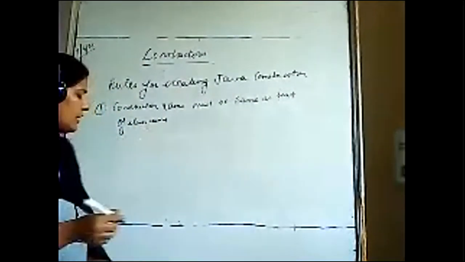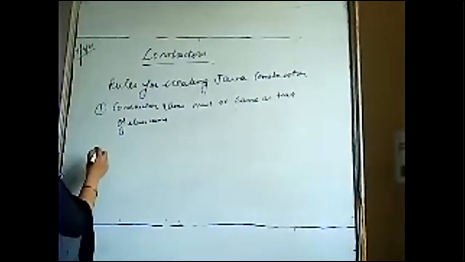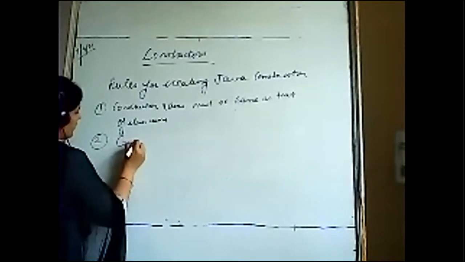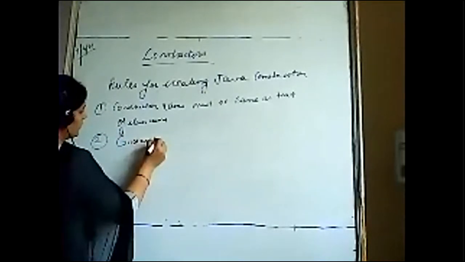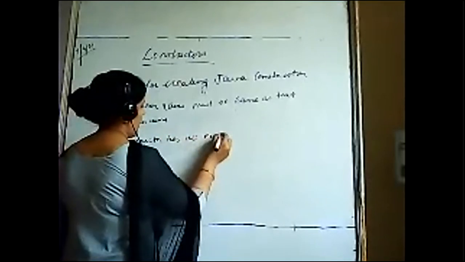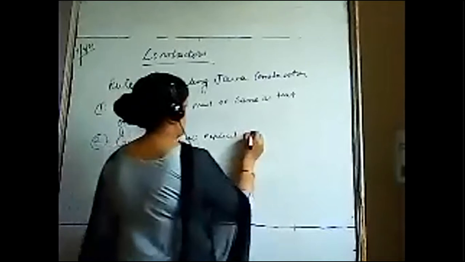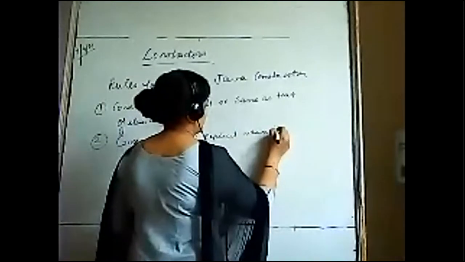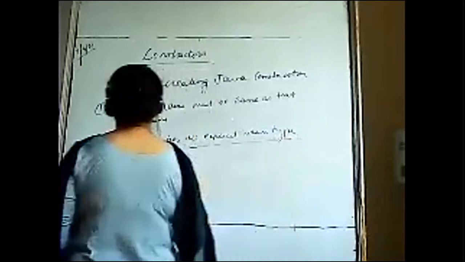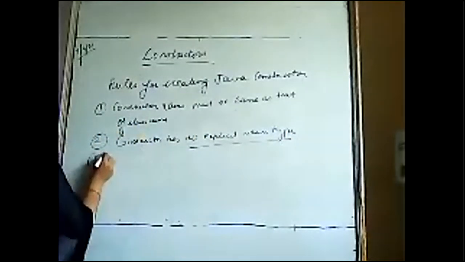The second rule is that a constructor has no explicit return type. So there should be no return type for this particular constructor.